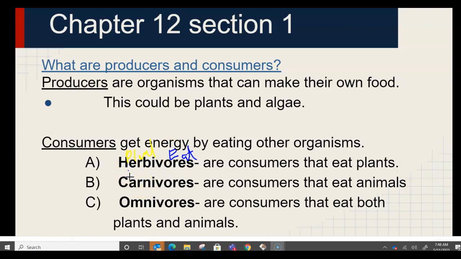Carne, like carne asada, if you've ever ordered that at a Mexican restaurant, means meat. Actually, it means steak in a restaurant. This means to eat. And omni means many or multiple. We humans are omnivores.